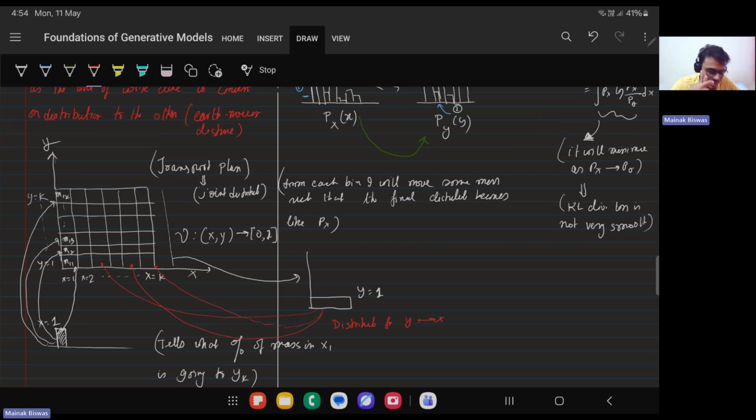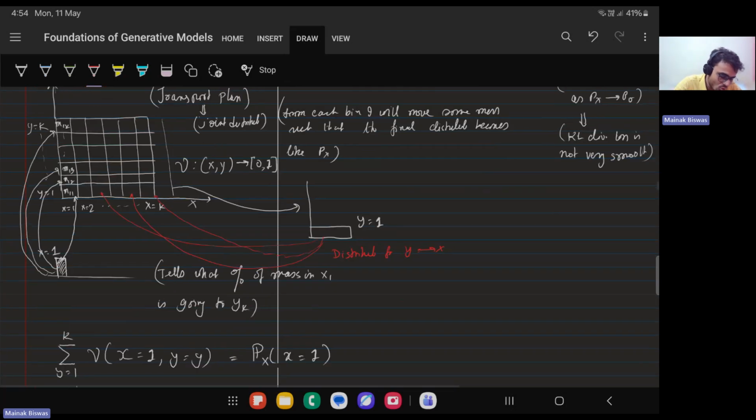This is because if I sum over p of y equal to 1, x equal to k, k equal to 1 to capital K, what should I get? These terms are distributing the mass in y equal to 1, whatever mass was there in y's distribution in the first bin, and I have distributed it to the x's bins.